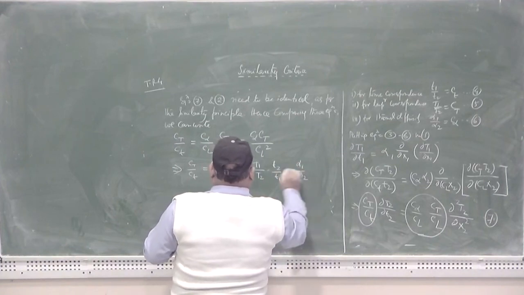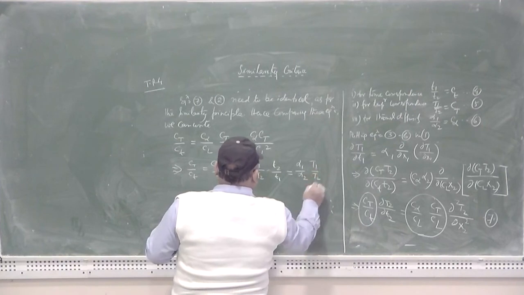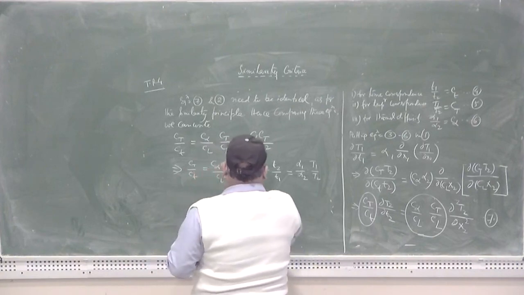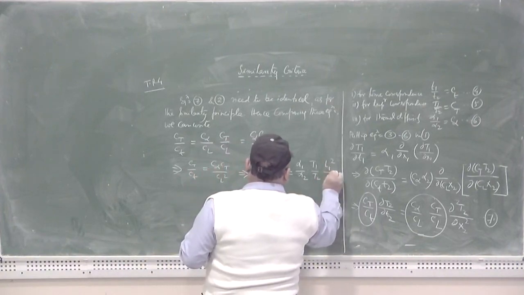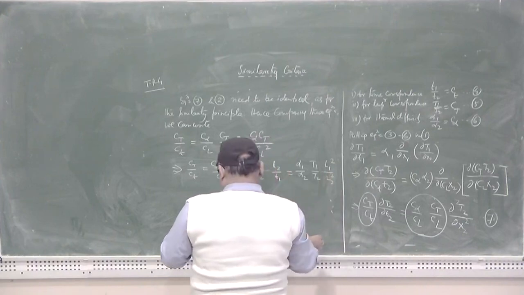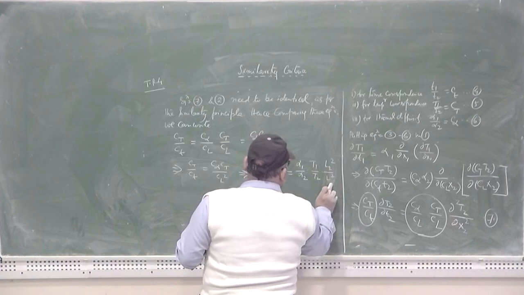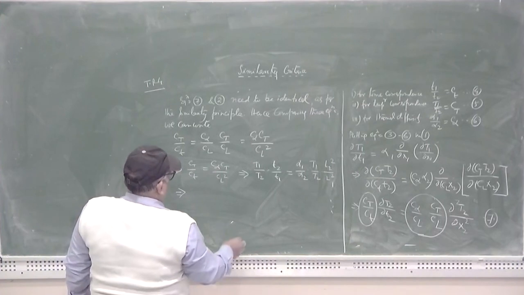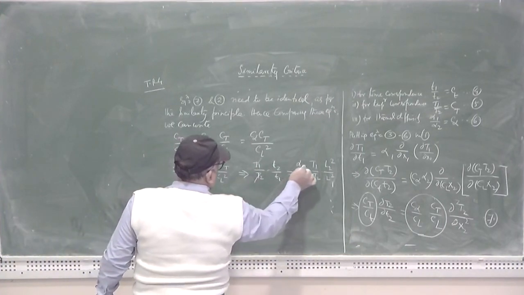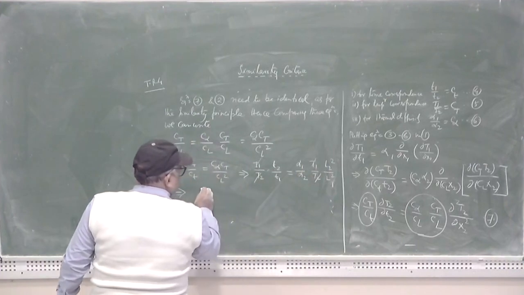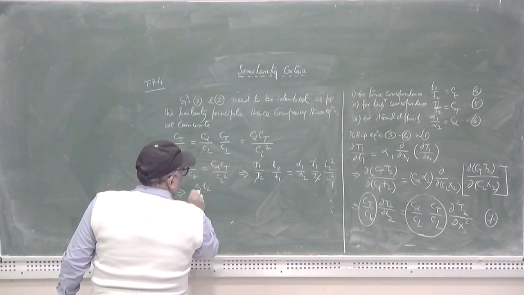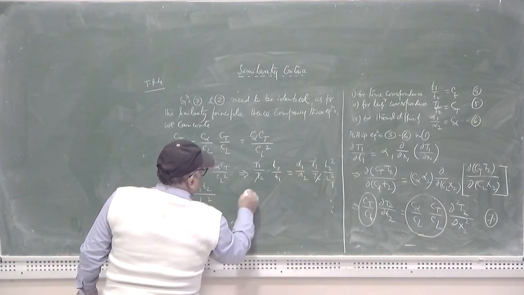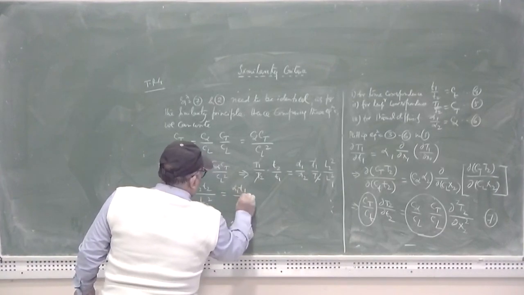This C_t has a value t1 upon t2, is it not, into 1 by C_l squared, that means L2 squared by L1 squared. This will get cancelled out, or you can write alpha 2 t2 divided by L2 squared should be equal to alpha 1 t1 by L1 squared.